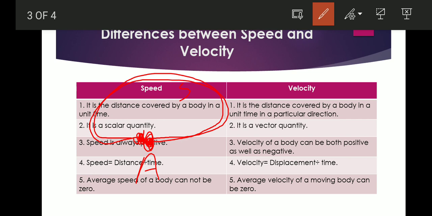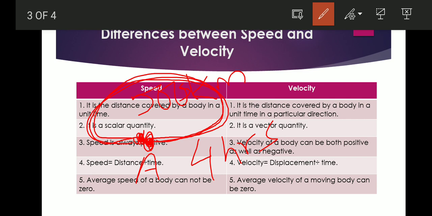Your velocity is 0, but your speed is not 0, because you covered this much distance. Let's say it is 500 kilometers, and your time is 4 hours. Then what is speed?